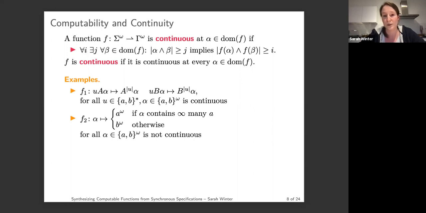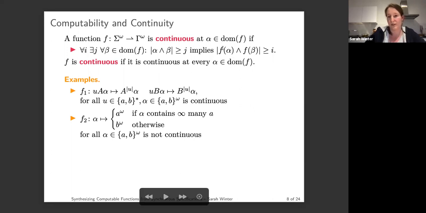So these share no prefix. So we can make words that have longer and longer common prefixes, but their outputs are completely different. So we don't have that the prefixes of the output values grow.